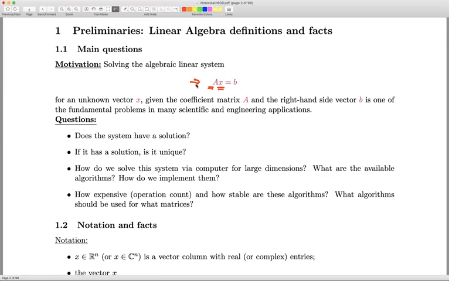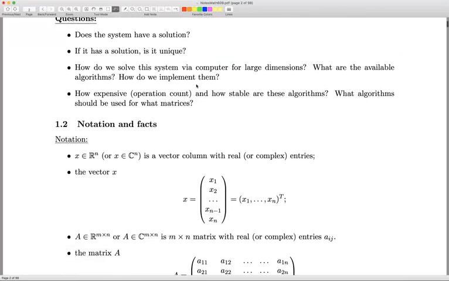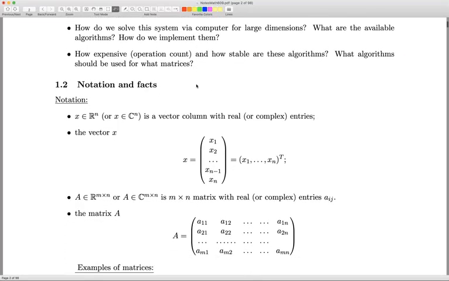But before going into details, I will just talk about the notation and certain facts that we need to know from linear algebra in order to continue further. We will discuss vectors X, which are column vectors, and are written in this form with n coordinates.